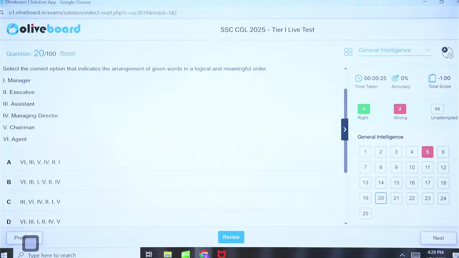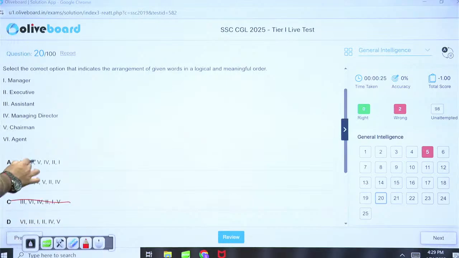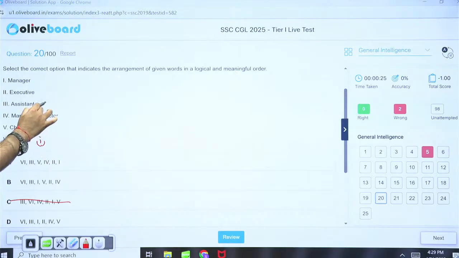Okay. See, an agent will come first or the managing director will come on the top. So it is either 4 or 6. We don't have that option. We only have the option of 6. So this is gone. Now the second position we have to check for 3. So second position is 3 only. Okay. So this is the first one agent. This is the second one assistant.